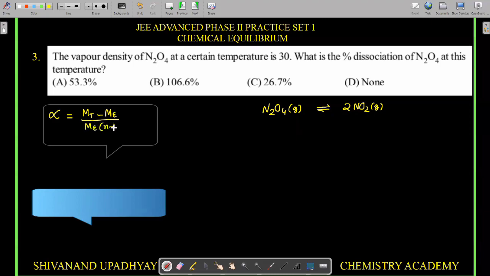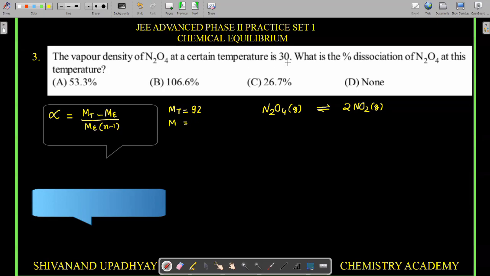In this formula, theoretical molar mass means molar mass of N2O4. If I calculate the theoretical molar mass of N2O4, that is equal to 92, because 64 here and 28 here, it will be 92. And they have given the vapor density, and we know the relation that vapor density into 2 is molar mass.